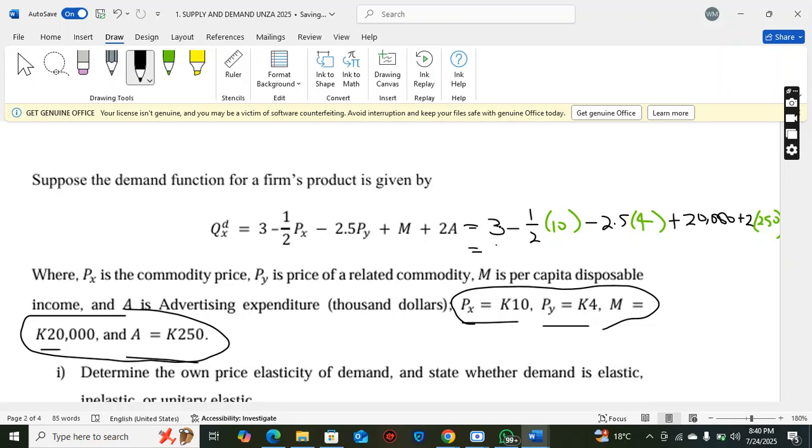So we get our demand. 3 minus half of 10 is 5, minus 2.5 times 4, that is 10, plus 20,000, plus 500.